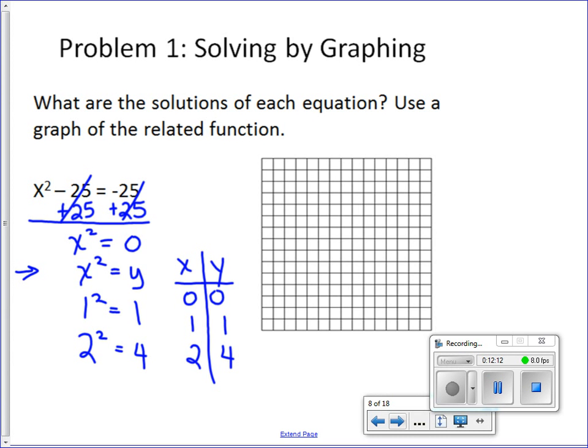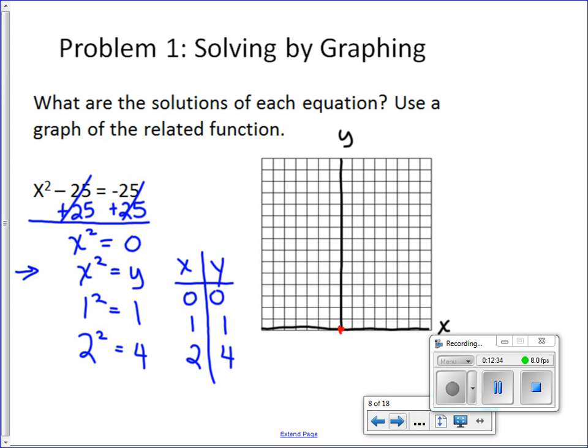So let's plot these points on the graph. And once again, I'm going to draw my x-axis down here, my y up here, and plotting these points.